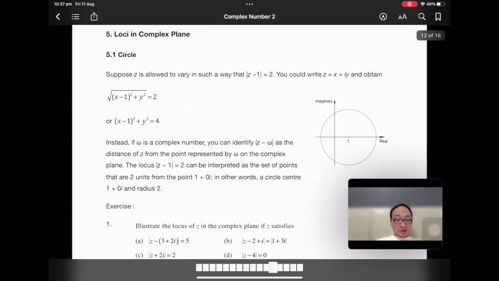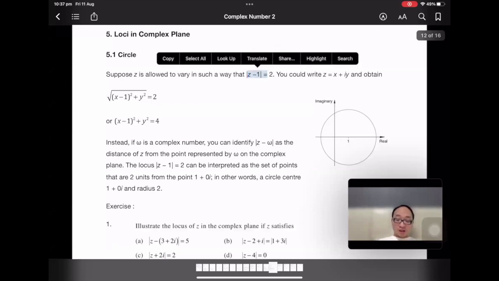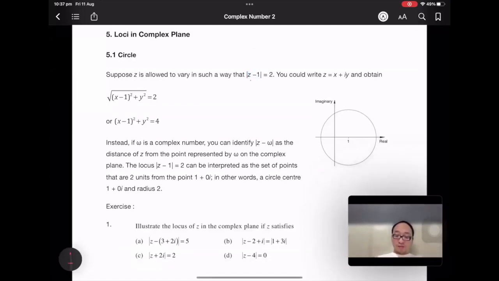So for example, suppose we have z in this form: the modulus of z minus 1 equals 2. We know that the absolute sign is the modulus.